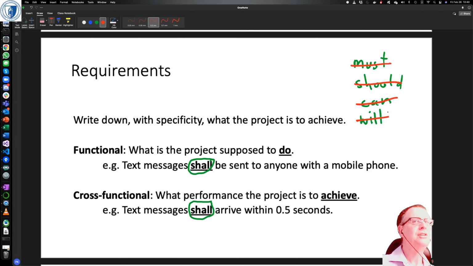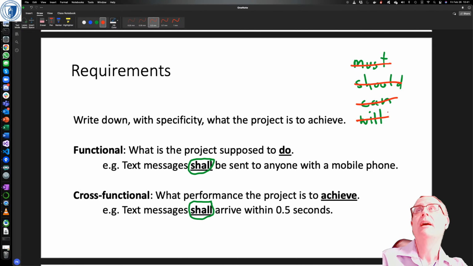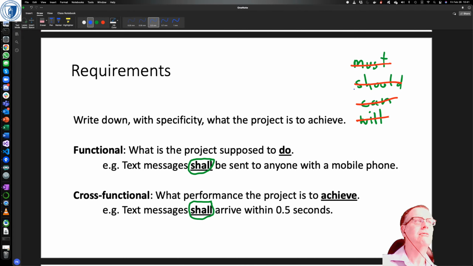And they tend to prefer to have shall statements as requirements. Another reason is must and will are pretty strong, right? They're as strong as shall. So you could use them. I don't.